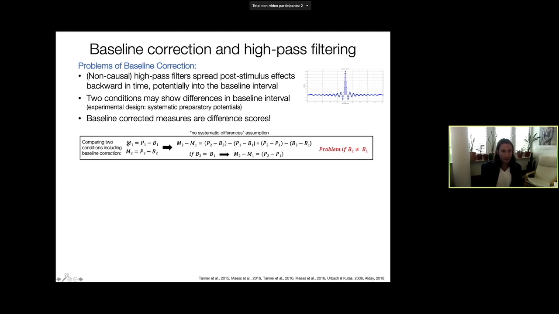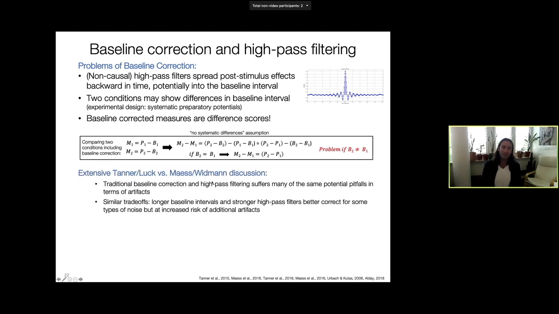And this is problematic if you compare two conditions with baseline corrected data, because there you have the underlying assumption that there is no systematic difference in the baseline. You only actually properly compare the post-stimulus activity between the two conditions if you assume that the two baseline intervals are equal. But this is oftentimes probably not the case.